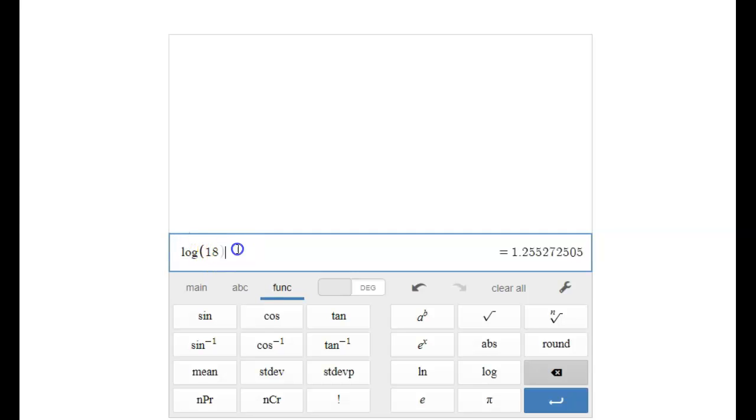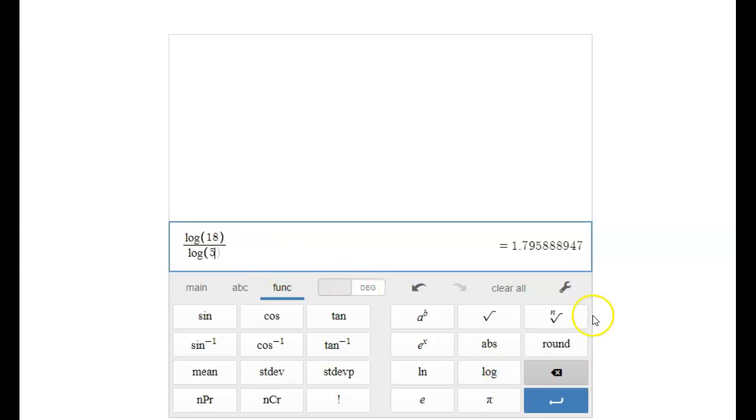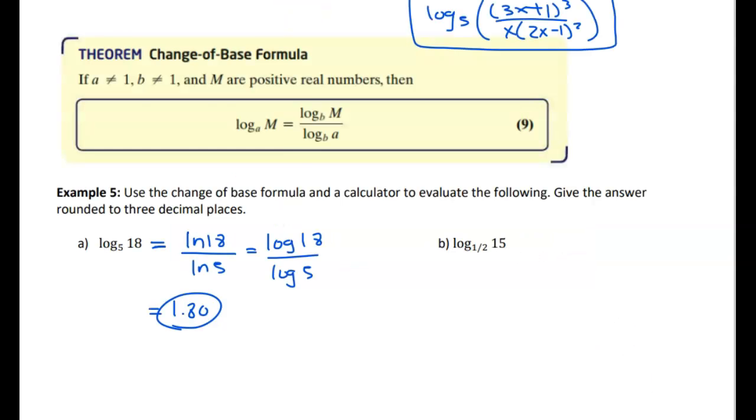You can see that, right? Or you could have done any base. Okay, I could have said this is log base 13 of 18 over log base 13 of 5. So you can change it to any base, but these are useful because you can plug them in the calculator.